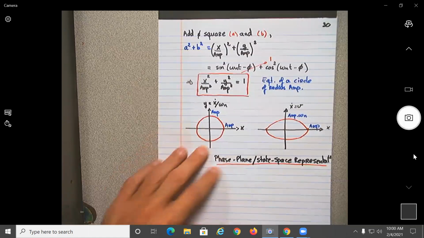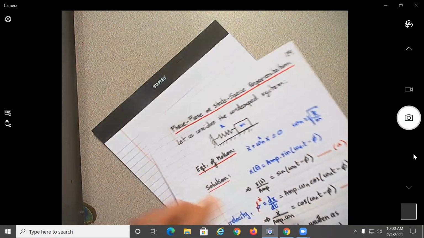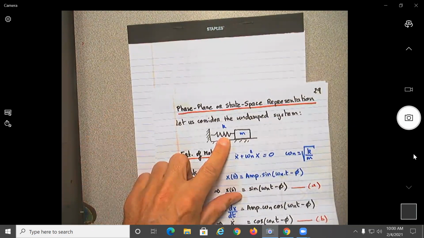So why am I doing this? Remember, this is for this type of system, an undamped system.